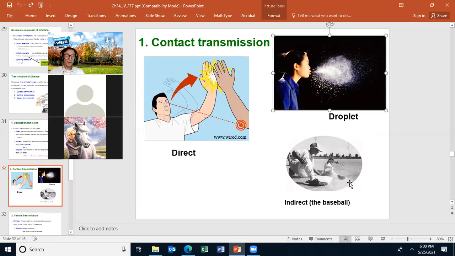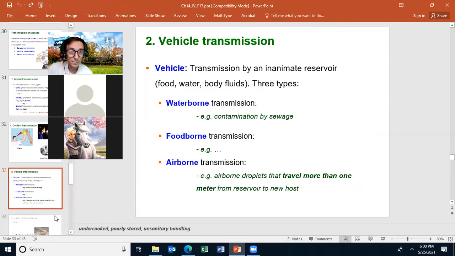And then indirect transmission, where the baseball spreads disease from one patient to another patient. So droplet transmission is from 1 meter from the patient, so about to here. And then after that is airborne transmission, which is not contact transmission.